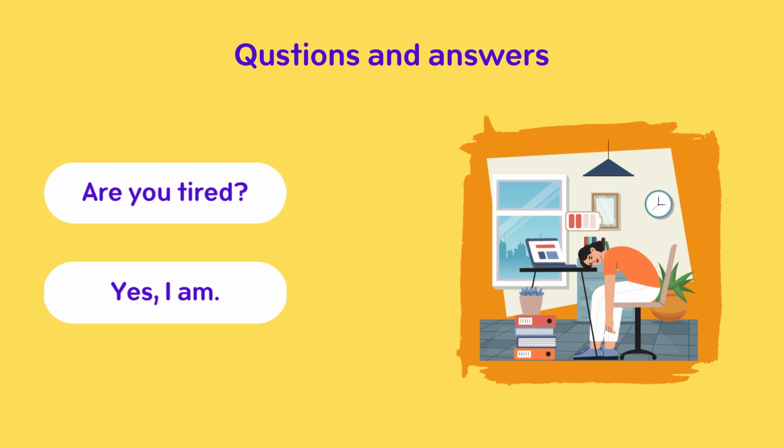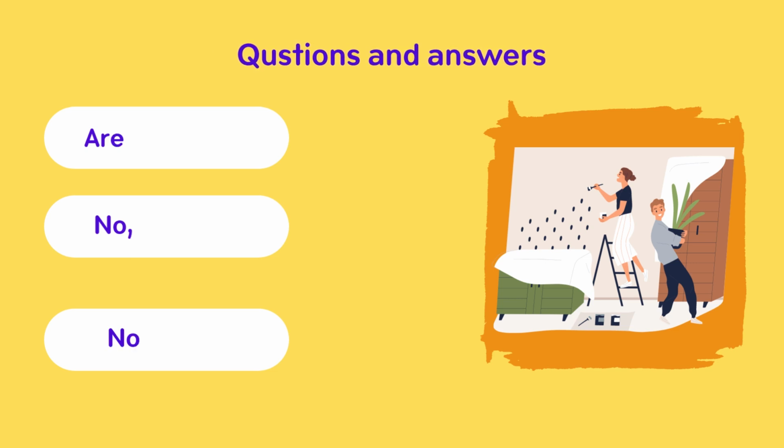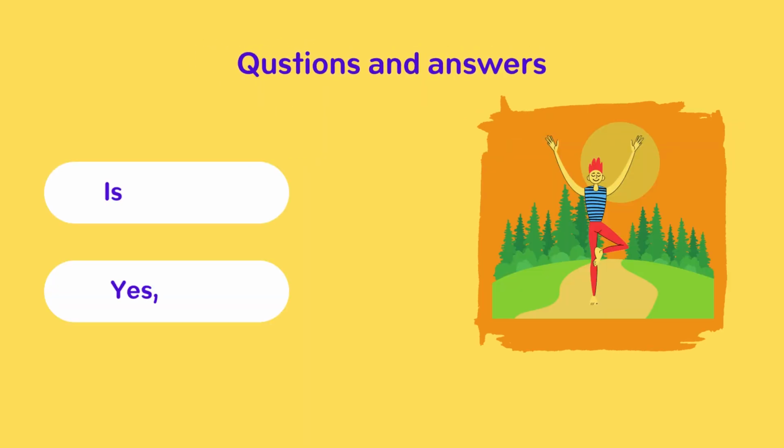For a positive answer, if our answer is yes, how do we say it? Yes, I am. But if our answer is no, or our answer is negative, we say, no, I am not. Or, no, I'm not.